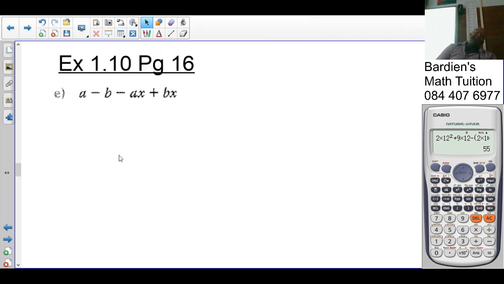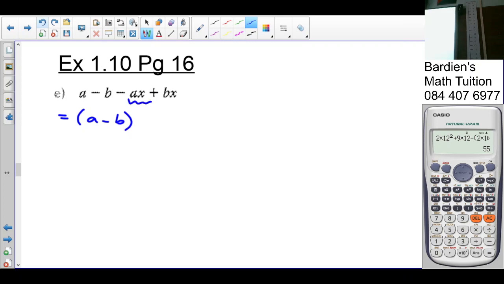So what needs to be done here? You need to group here. You look at the first 2 terms. What is common in the first 2 terms? Nothing. If I put a bracket around there, am I changing anything? No. So I'm going to put the bracket around there, so it's a minus b. What is common here? Negative x. What am I left with? A minus b.